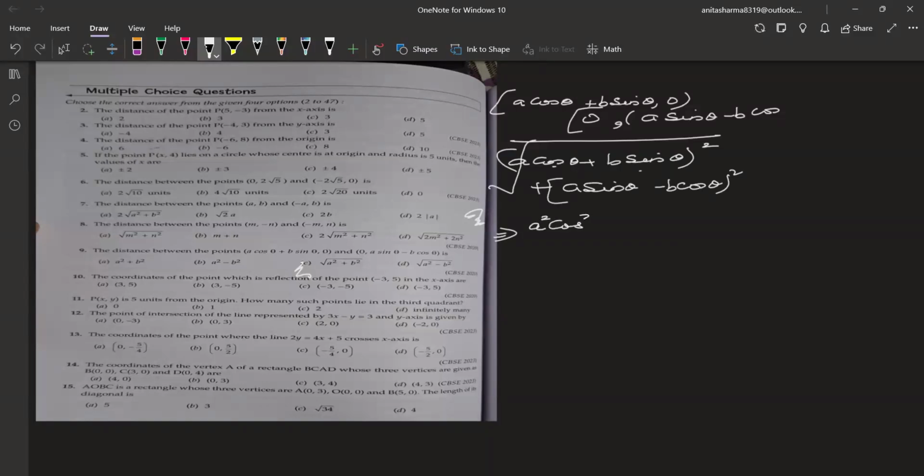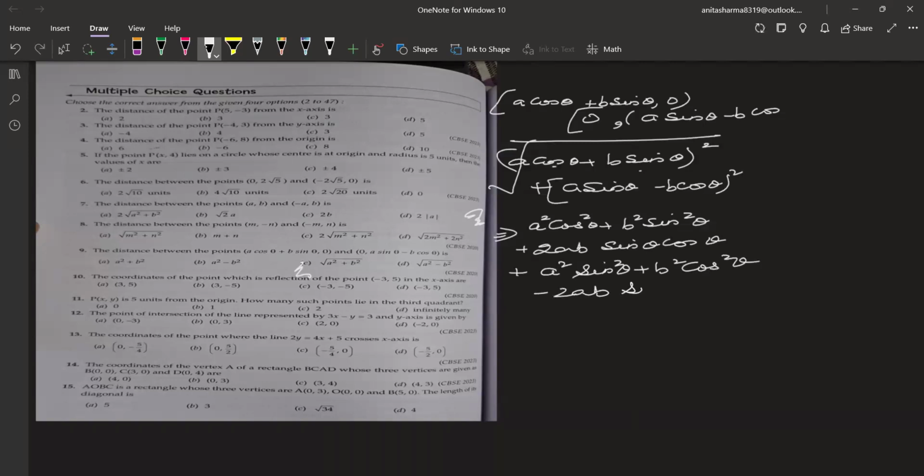A square cos square theta plus B square sin square theta plus 2AB sin theta cos theta plus A square sin square theta plus B square cos square theta minus 2AB sin theta cos theta. So this will cancel, beta.